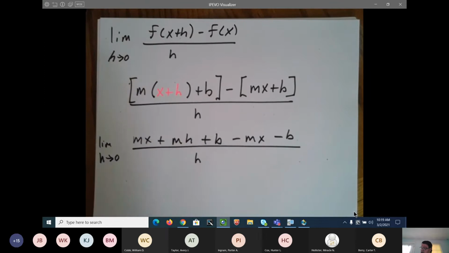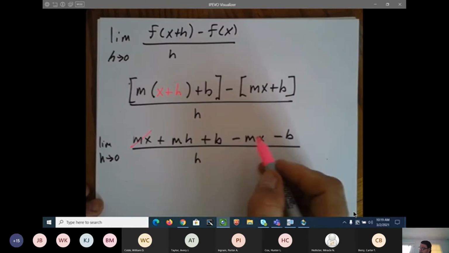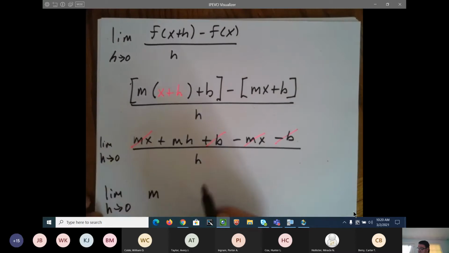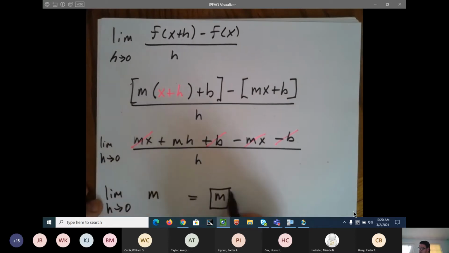The mx's are going to cancel and the b's are going to cancel, and you're going to get the limit as h approaches 0 of m, which is equal to m. So with one, you get 8x, and the other one, you get m.